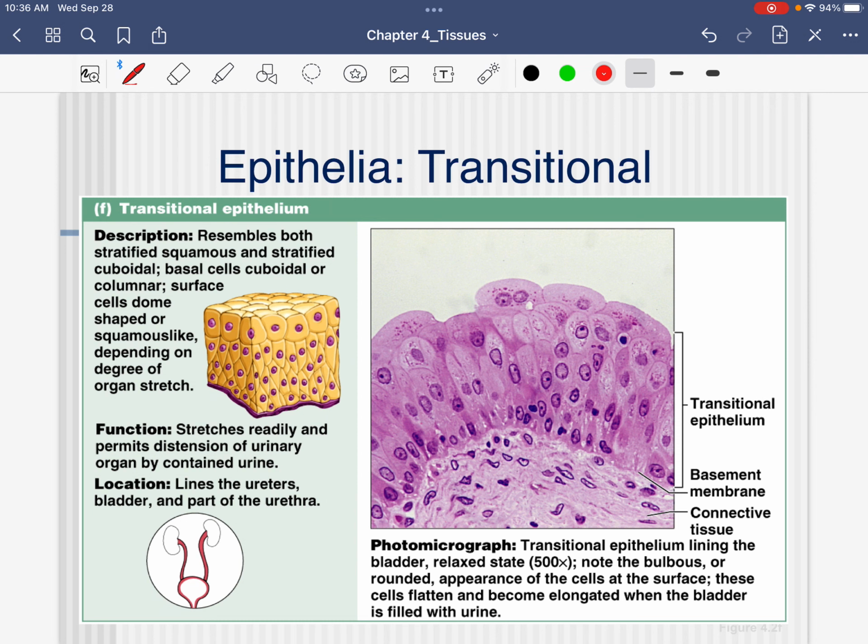For this one, if you see free space and puffy cells, you're going to think transitional. One place where we find it is in the bladder, and it allows for stretch. Wouldn't the bladder be an organ that we need to stretch? When it fills with urine, it stretches out. This picture here happens to be an empty bladder, so when it's empty, you can see the puffiness is more visible.